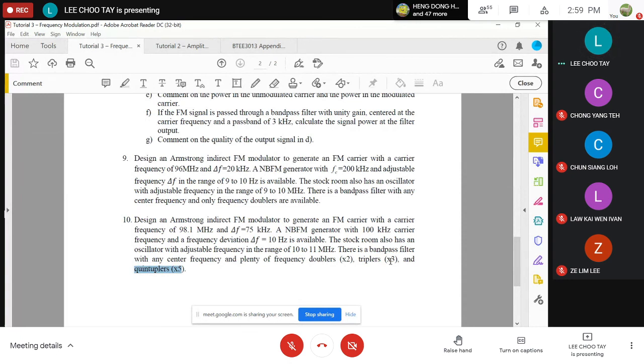And let's say you need a multiplication factor of 30. Then you just cascade times 2 with times 3 with times 5. 2 times 3 is 6, 6 times 5 is 30. So this is another example.